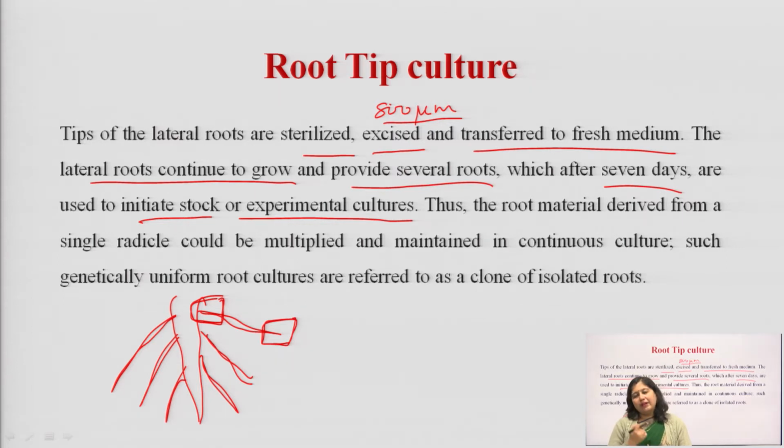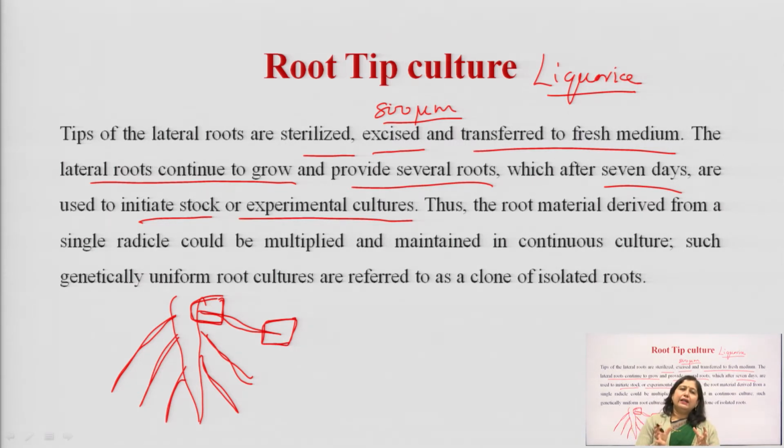Now, the benefit of this is that if you are having a drug where you have the roots as the main drug, for example licorice, that is mulethi. If licorice is your drug, then you can do its cultivation in the lab itself, rather than growing the entire plant, we are directly growing the roots only.